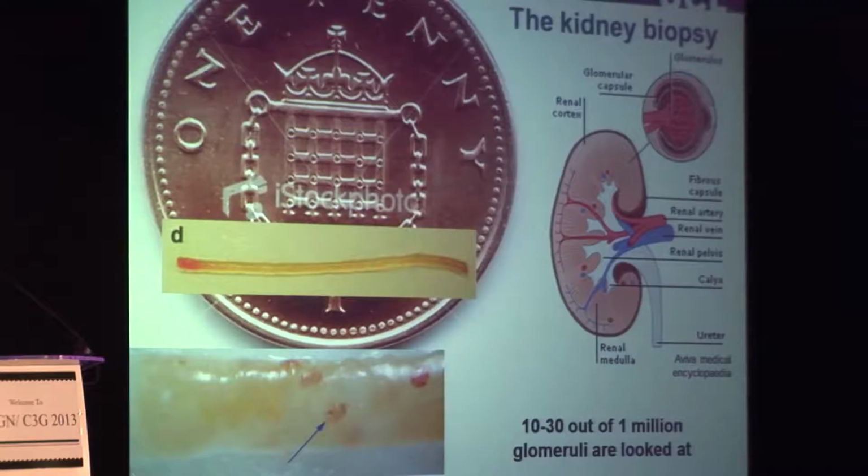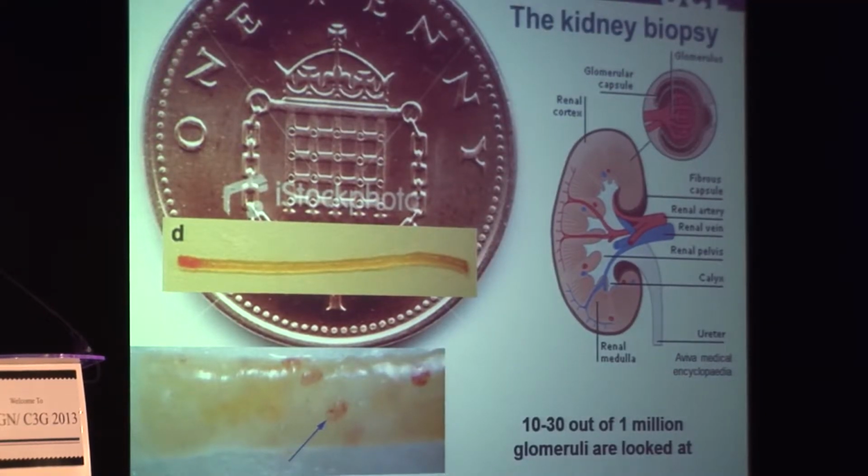So what is actually taken? Well, this is a picture of the piece of tissue that is taken. So this is actually a piece of a person's kidney. And I've tried to give you some idea of scale with a 1 penny. So it's a really tiny piece, less than a centimetre long normally. And that's, in fact, what kidney looks like to the naked eye. Now, if you look really closely, you can sometimes just about make out little red spots in the kidney biopsy section.